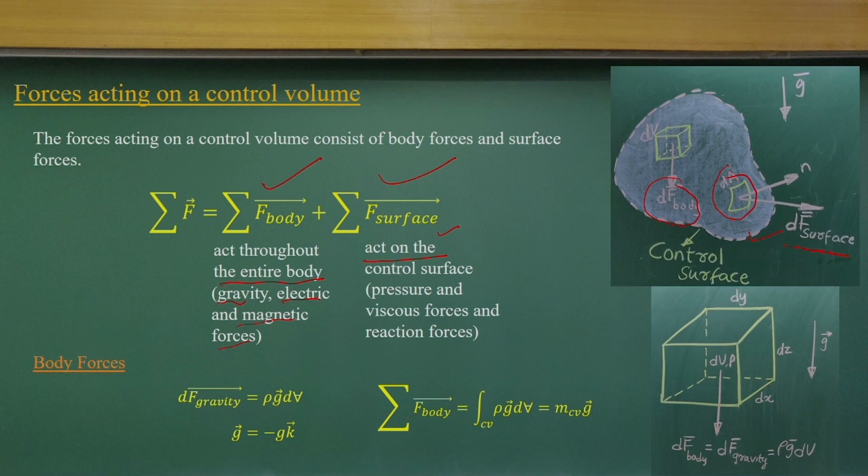So, if we take a control volume, there are two types of forces. One is the body force, which acts throughout the entire body and depends upon the mass present within the control volume. The other is that over the surface of the control volume there will be force components.